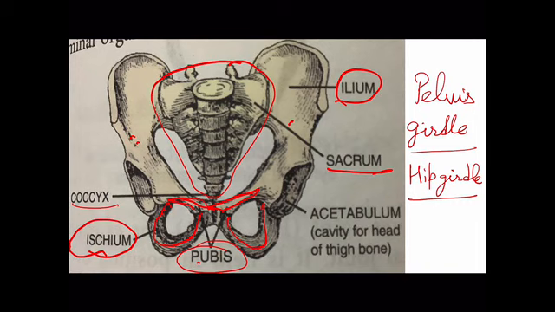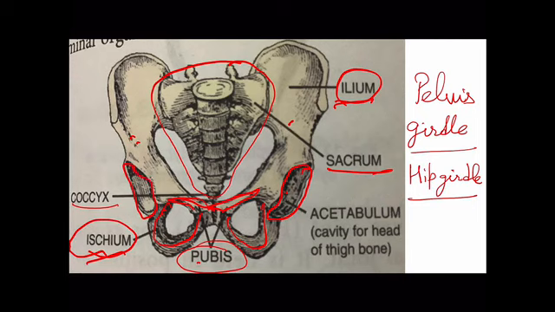So two hip bones are joined medially to the sacrum. You can see there, to the sacrum, and each hip bone is made up of three fused bones: ilium, ischium and pubis. On each side it bears a large cup-like cavity, that is called the acetabulum. You see this cup-like structure, on this side also and this side also.